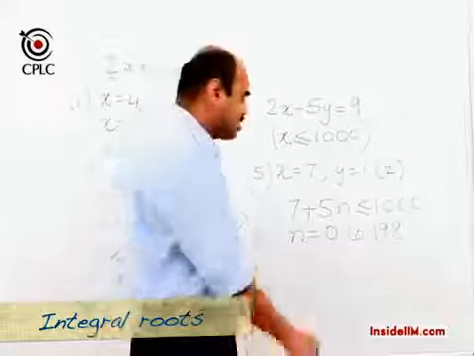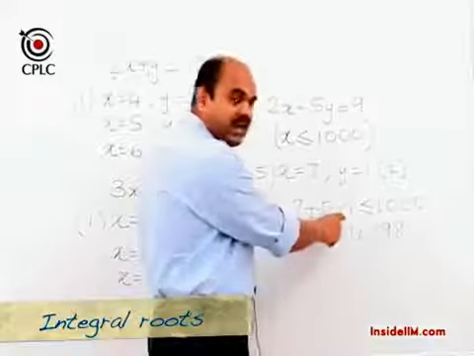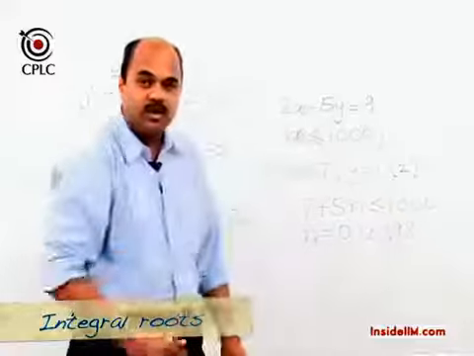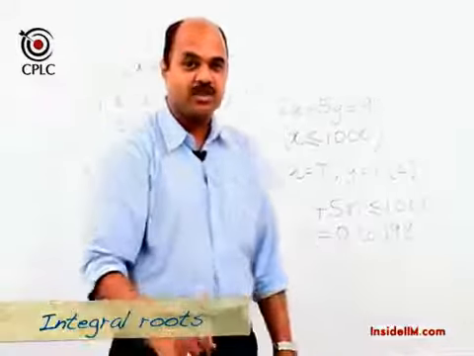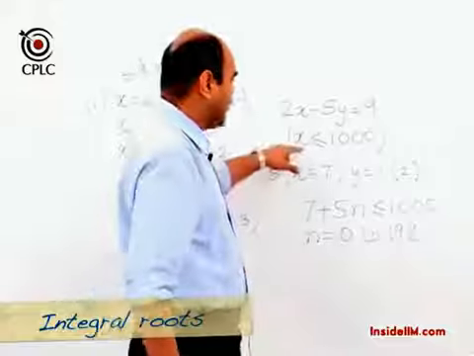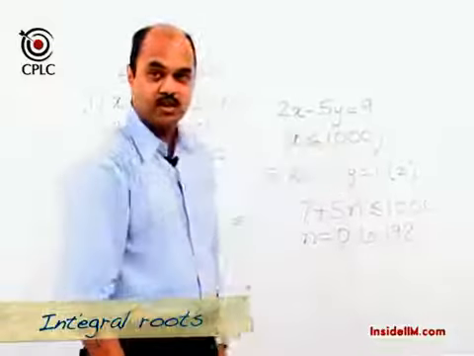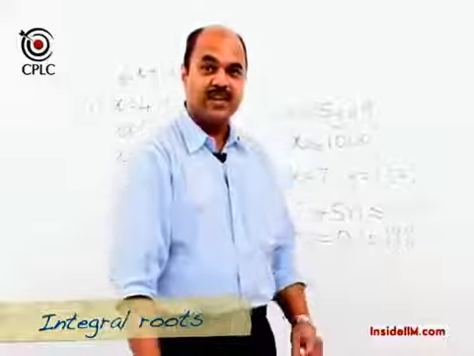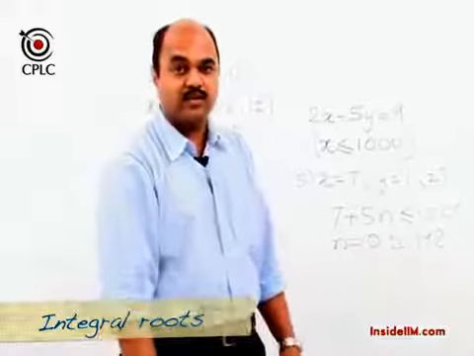The correct answer is 199 because n can also be 0. Hence for this kind of a problem, 199 positive integral solutions would exist, subject to the fact that x is less than or equal to 1000. This is how you can solve questions based on integral roots or integral solutions.